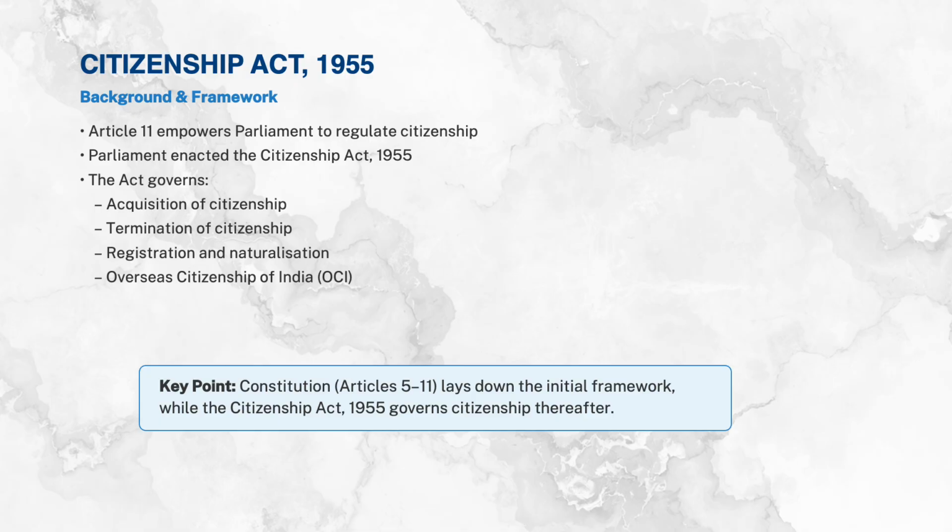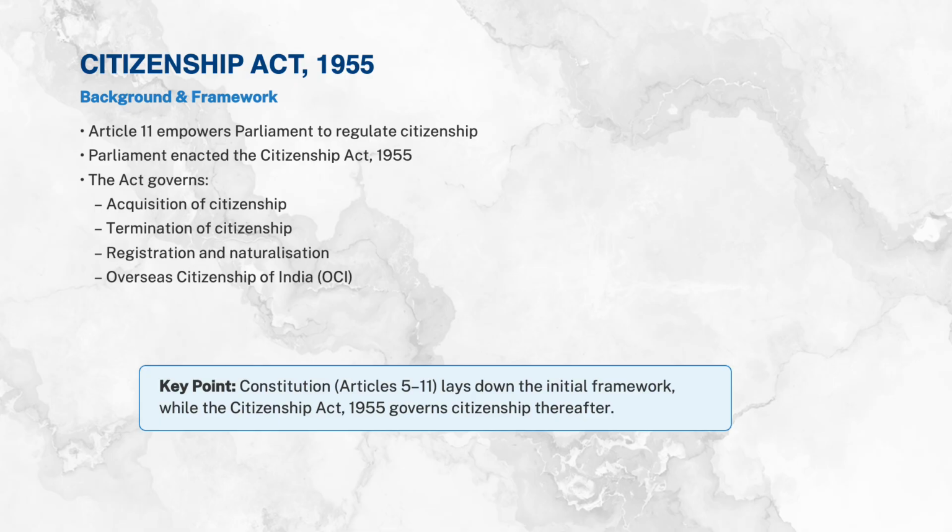Next, termination of citizenship, how your citizenship can be taken away, or how you can terminate your citizenship, and how you can register, and how you can be an Indian citizen by process of naturalization. And lastly, overseas citizenship of India, which we will also learn about later.